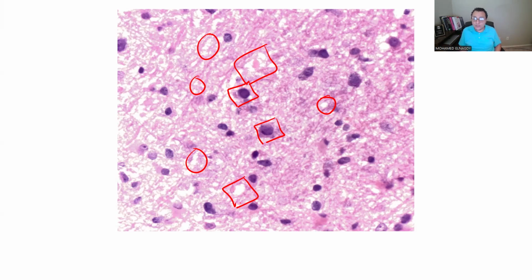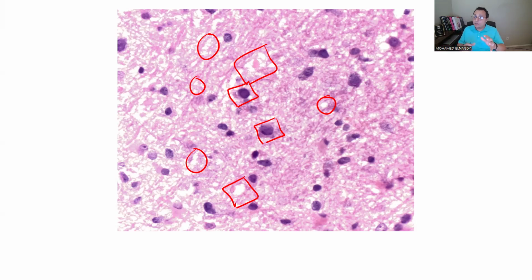So when you see the background is so degenerative, and you see nucleomegaly with viral inclusions staring at you, and they will usually tell you that this patient is on chemotherapy or on immunosuppressant drugs, you are dealing with JC virus.